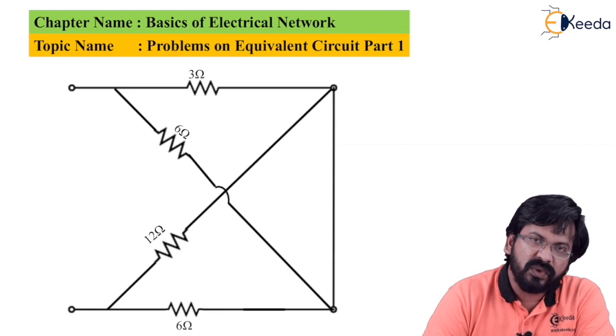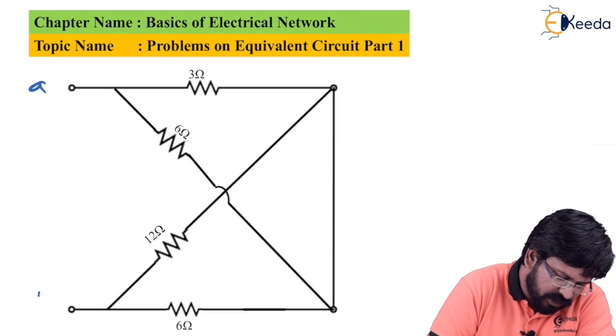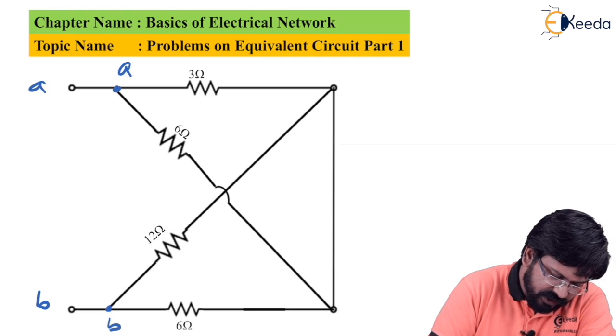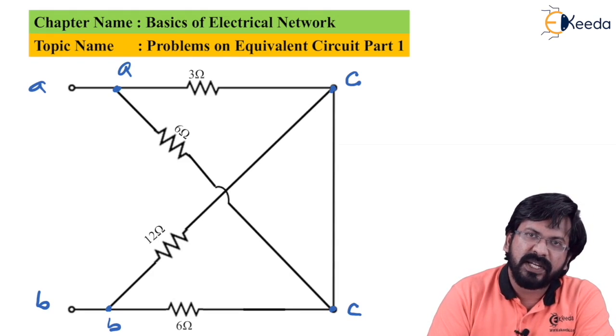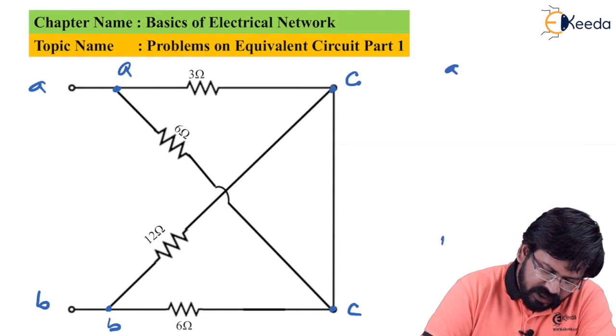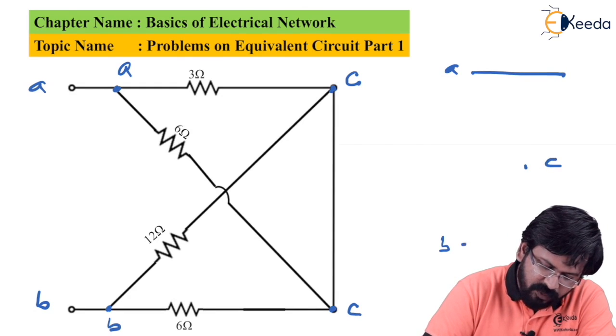In this problem also, we will try to go for point method only for finding equivalent resistance between A and B points. Assume A and B here. So if I say this is A point, this is B point. If I assume this is C point, this has to be C point. Again, total points are 3, that is A, B and C. The equivalent resistance needs to be found for A and B. So A and B are taken as extreme points, and intermediate to this, C point will be taken.